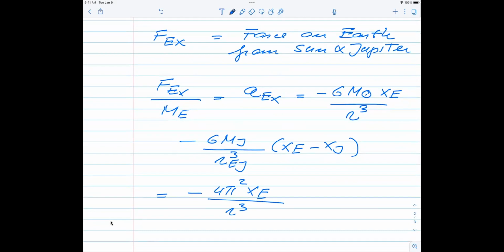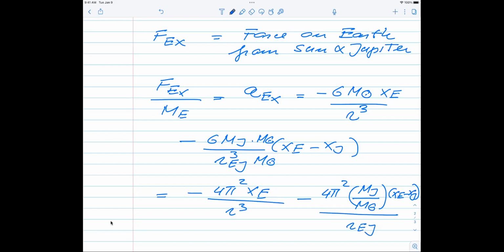And then what we do next is that we take this expression and multiply with the mass of the Sun and divide with the mass of the Sun. So what we get then is again a 4 pi squared, but now we have the mass of Jupiter divided with the mass of the Sun. And this is multiplied with x_E minus x_J divided with the distance between the Earth and Jupiter.